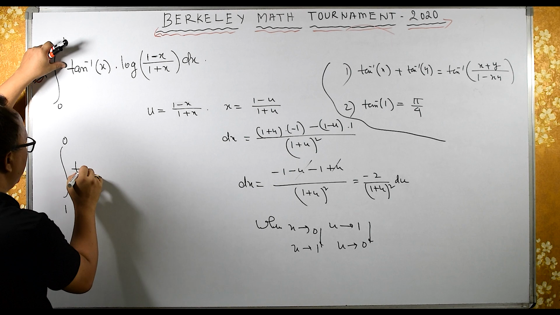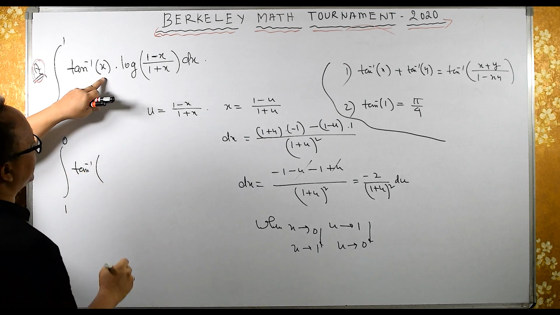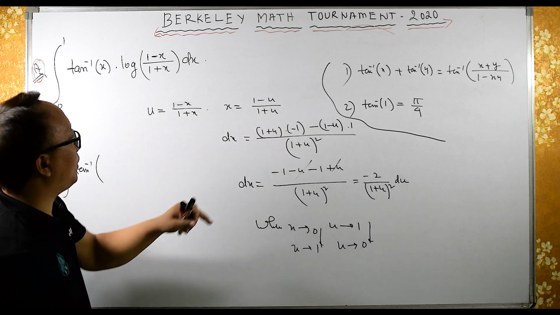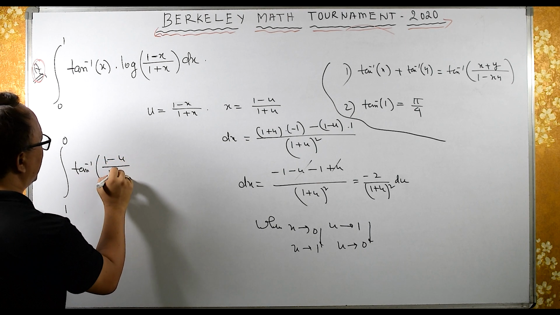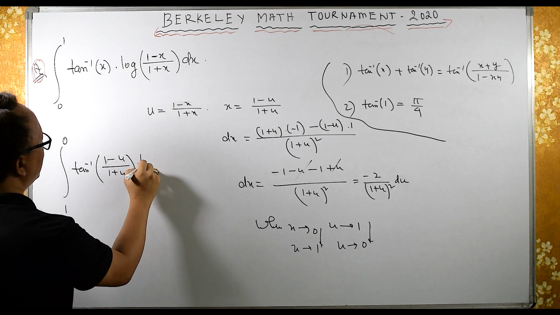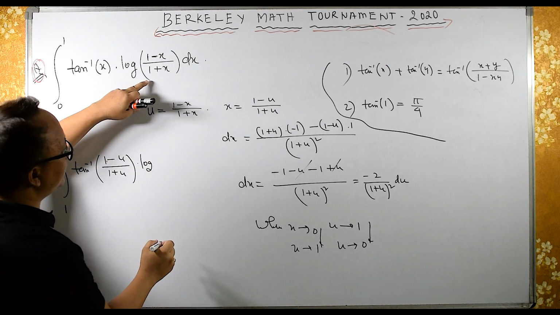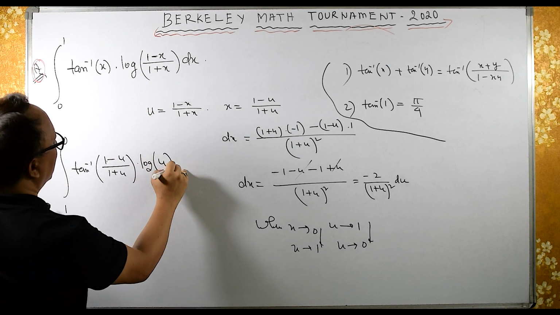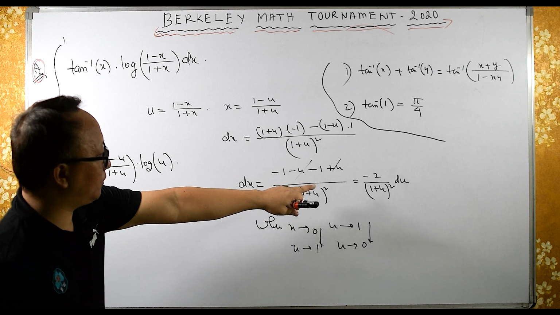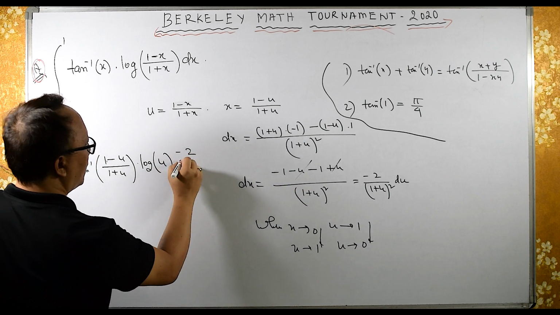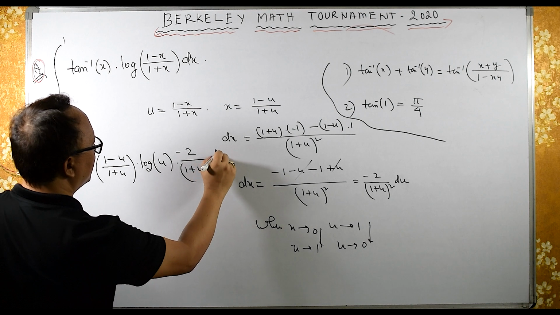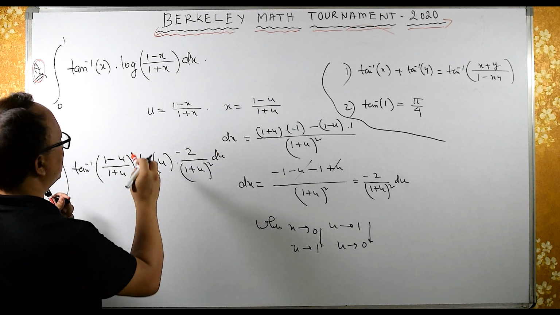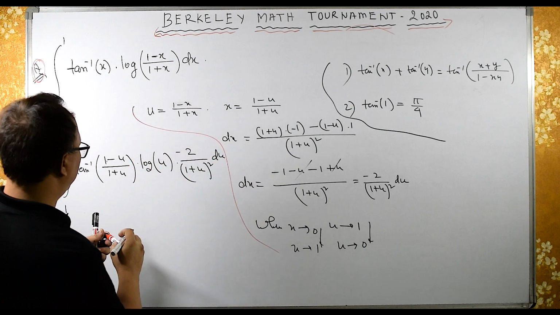What about tan inverse x? x becomes (1 minus u) upon (1 plus u), into log of u, and then dx is minus 2 upon (1 plus u) raised to square du. So the whole of this we have.